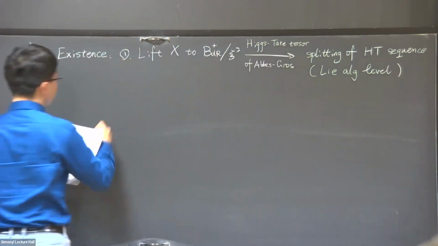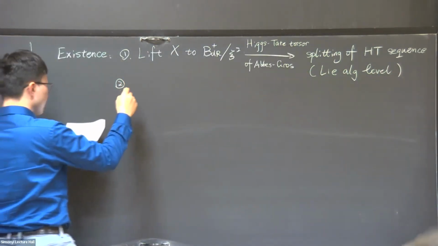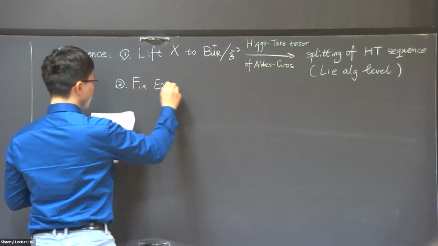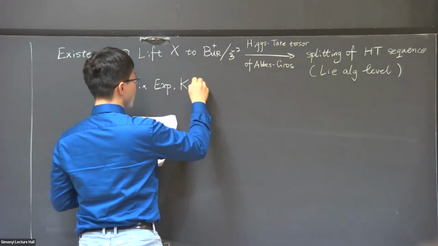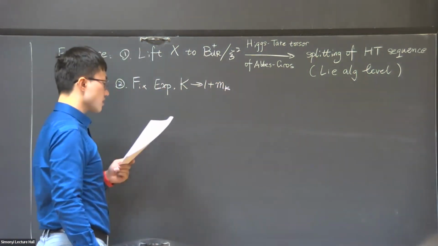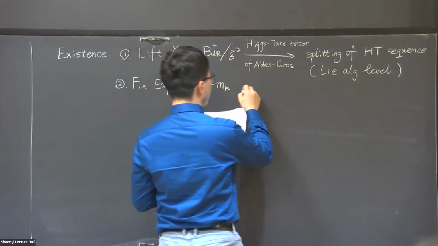Okay. And the second step is that we fix an exponential extending the usual exponential map from k to 1 plus the maximal ideal of k.